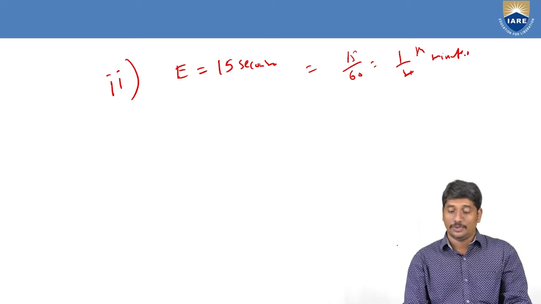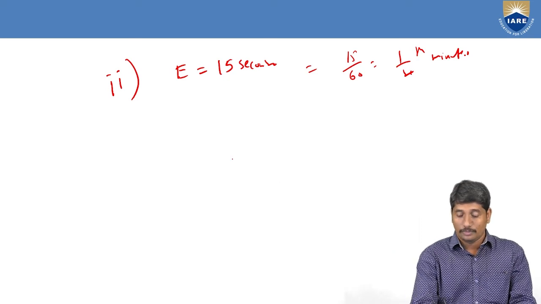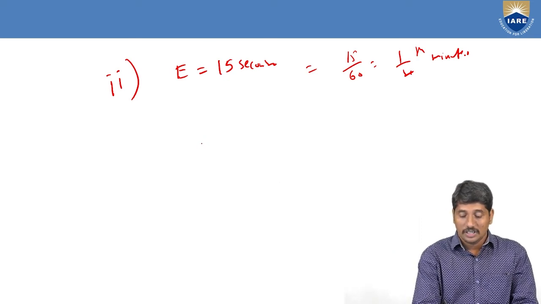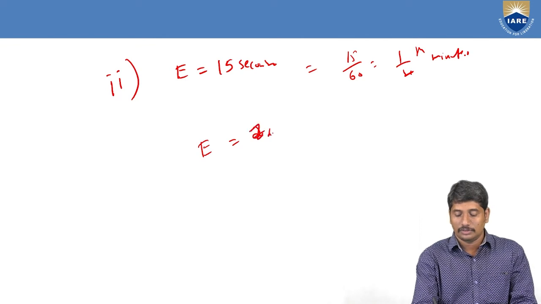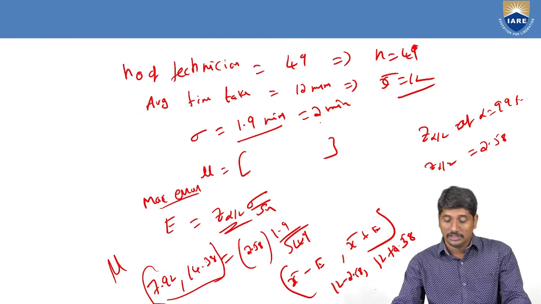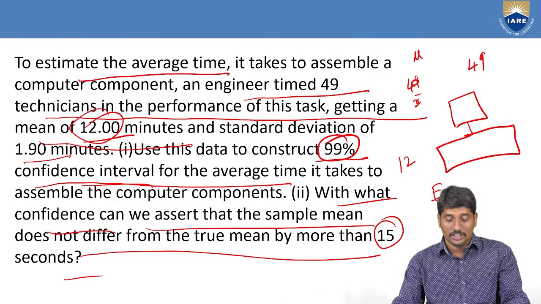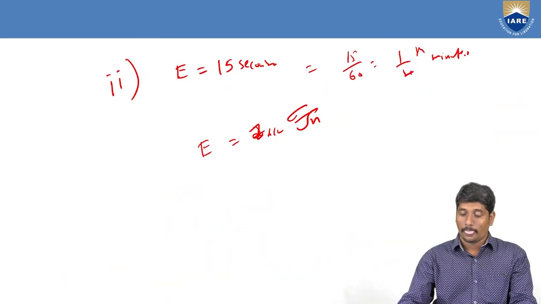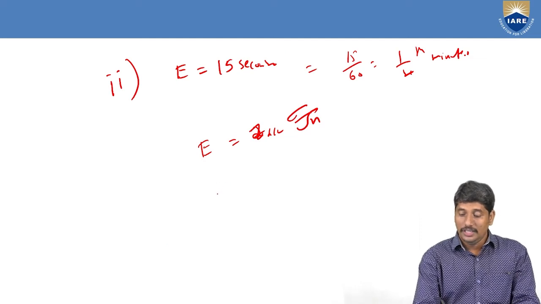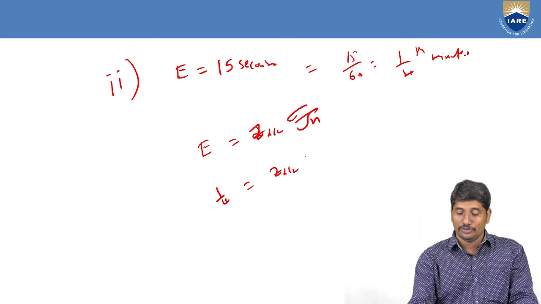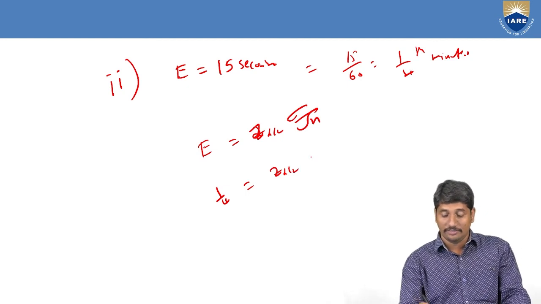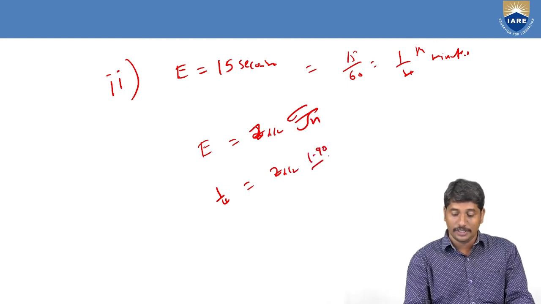That is the error E. Now, what is the formula? E is equal to Z alpha by 2 sigma by root n. Now E is 1 by 4. Z alpha by 2 you don't know. You know sigma, which is 1.9 minutes, by root n, that is root 49.